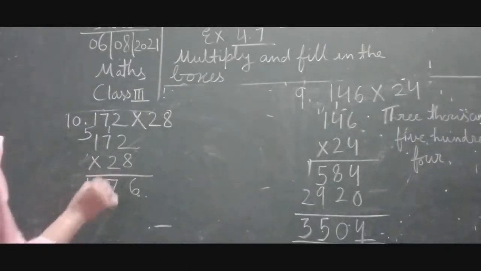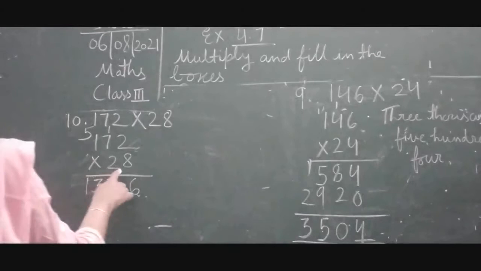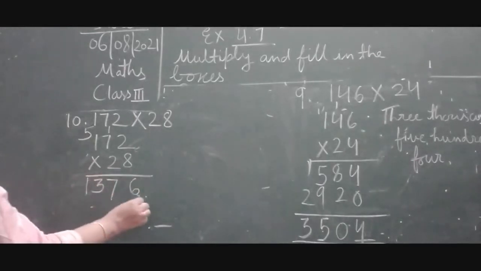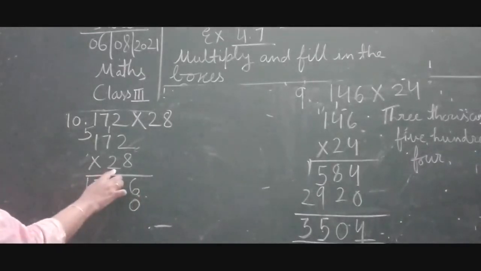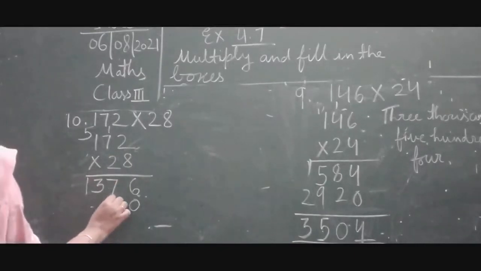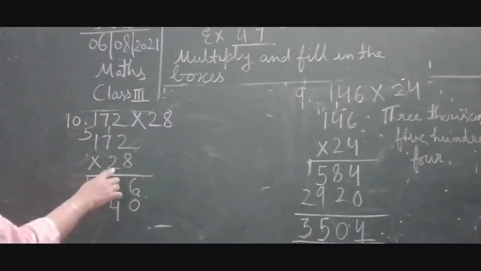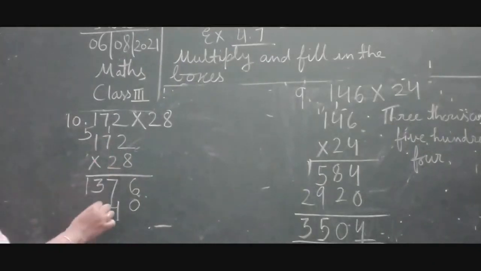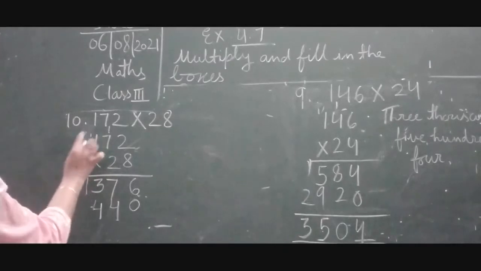So 13 will be placed. Now here we will write 0, then 2 2s are children 4. Now 2 7s are 14. We will write 4 over here. 1 will be carry over.